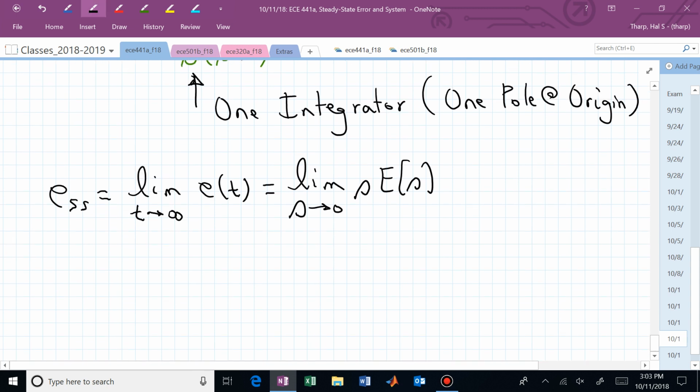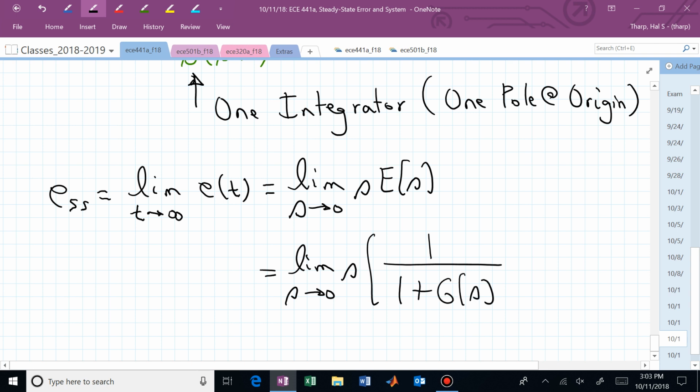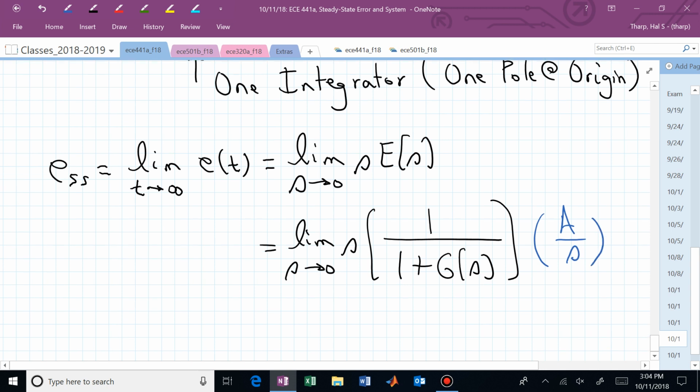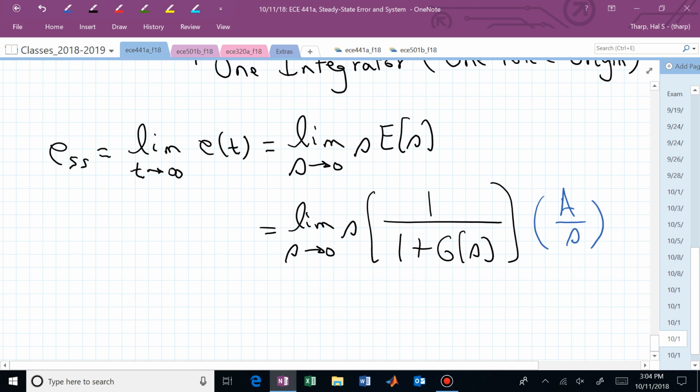In this particular case, for this particular plant, we have 1 over 1 plus G of s times R of s. And if we let R of s again be our constant input of, let's say, A, it now becomes A over s.